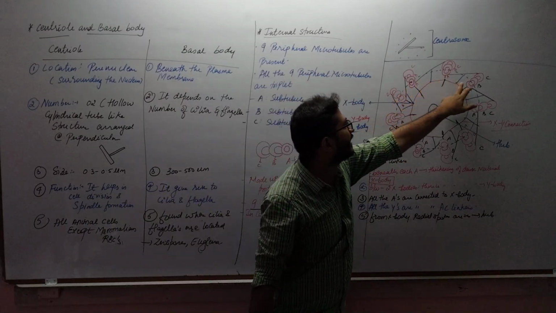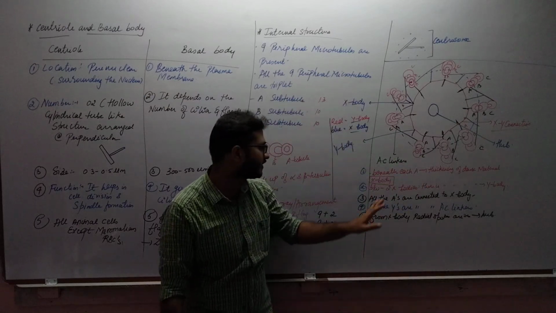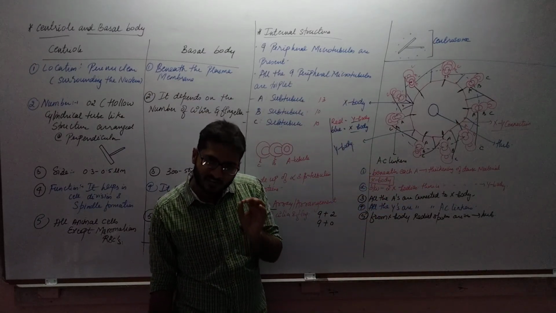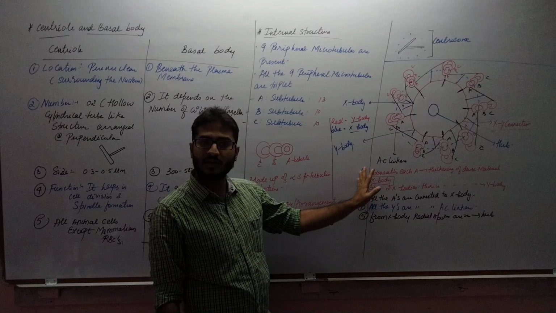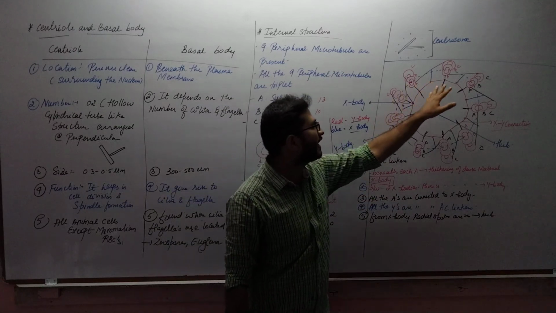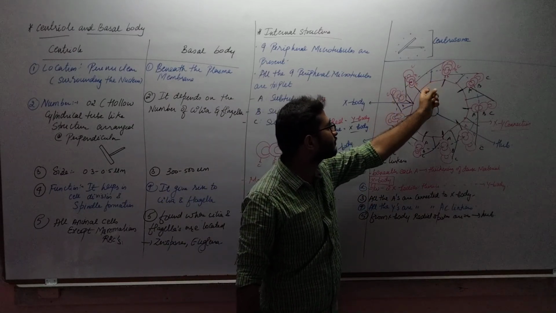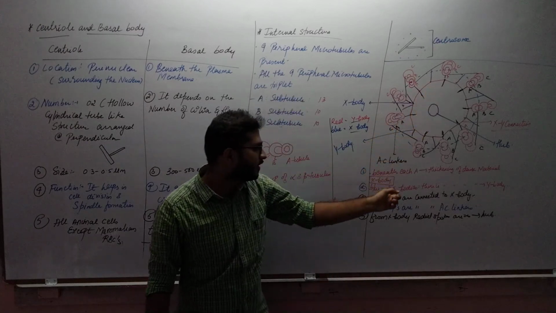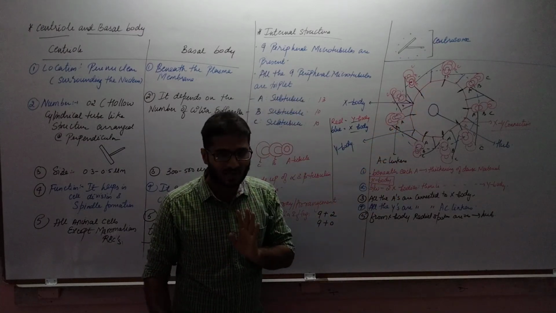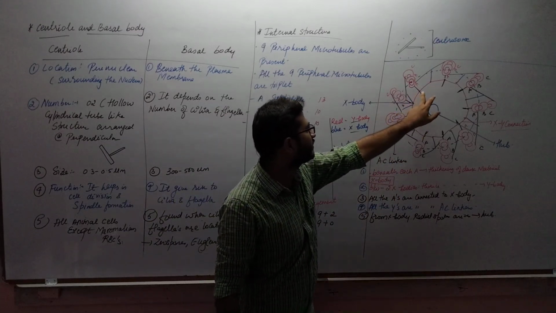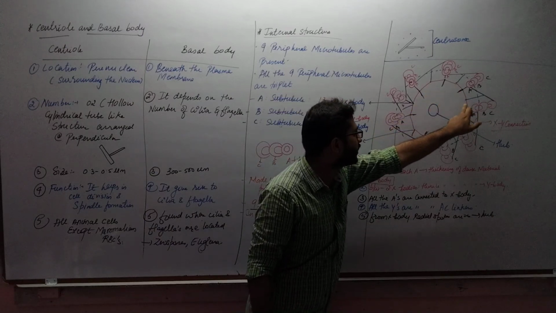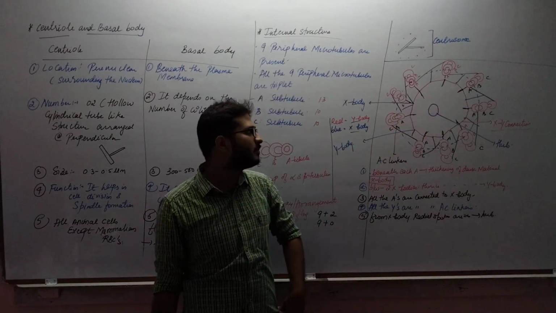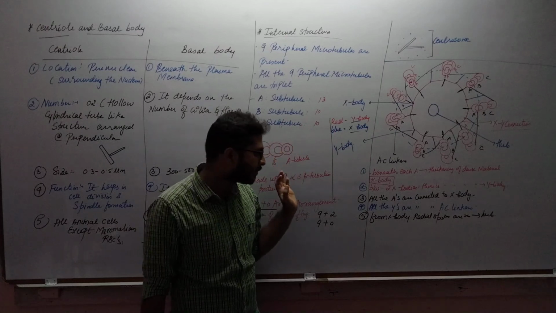So all these black structures are AC linkers. Beneath each A there is a thickening of the dense material which is called X body. Right? So X bodies we have denoted with these blue dot structures. Between two X bodies there is one Y body. Total 8 Y bodies are present, and we have labeled them with the red marker.